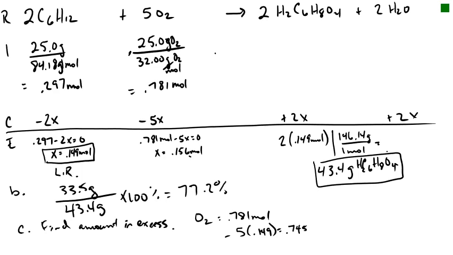So if I took 0.781 moles and subtracted the 0.745, that would leave me with 0.036 moles of oxygen left over.